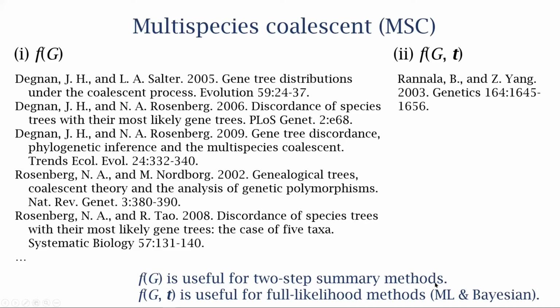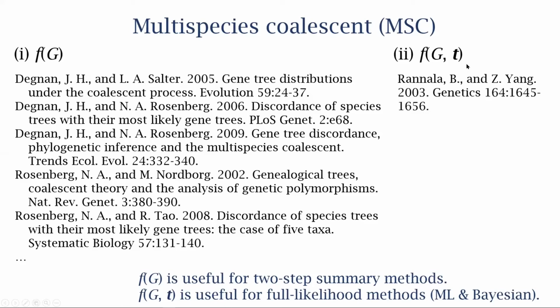Summary methods of inference use phylogenetic methods or programs like RAxML to infer the gene trees, and then use the gene trees as data to do all sorts of things like inferring species trees or inferring introgression. Given that you treat the gene tree topologies as data, you need to know their probability distributions. So that's why F of G is important.